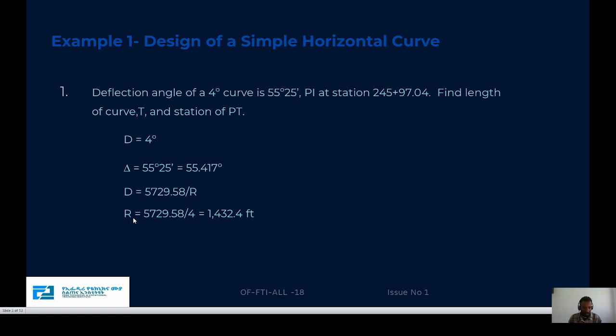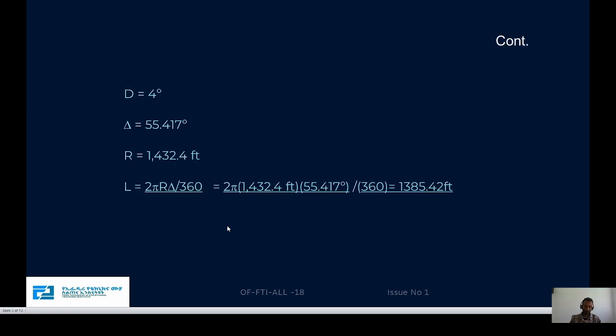So R is equal to 5729.58 divided by 4. We get the radius as 1432.4 feet. The first required is the length.